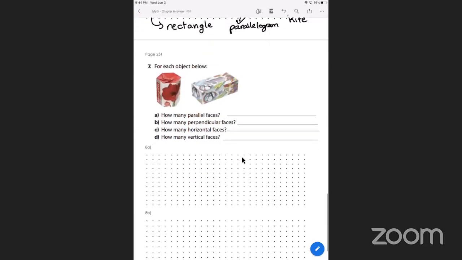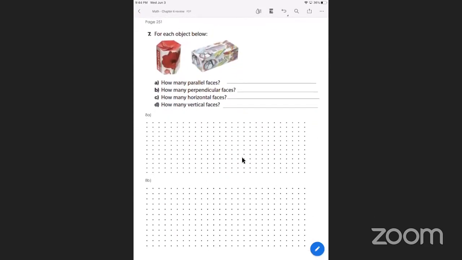All right, for each object below, how many parallel faces?